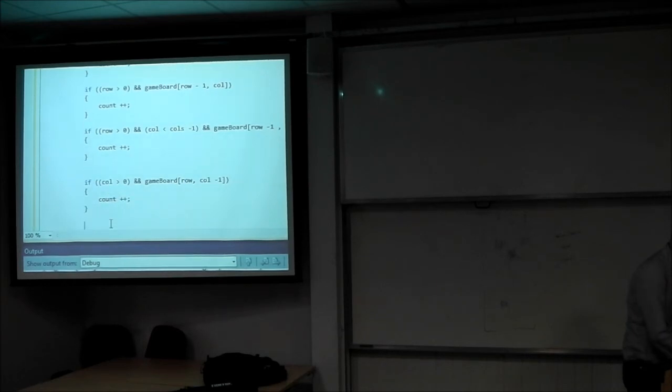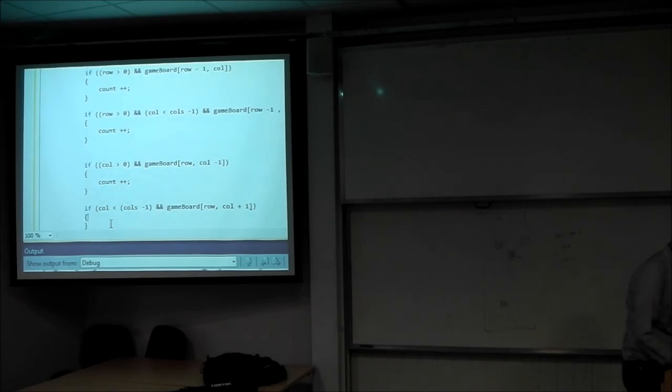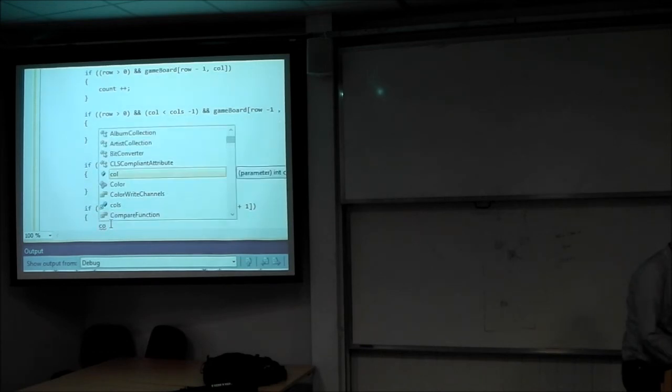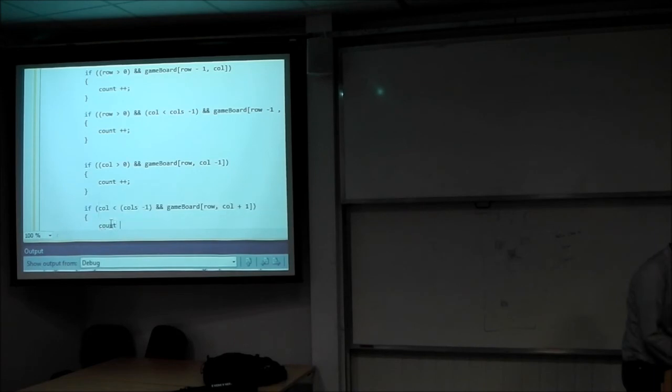And then we have the one to the right. So this is going to be if the column is less than the number of columns minus 1, and the game board at position row and column plus 1, count plus plus.